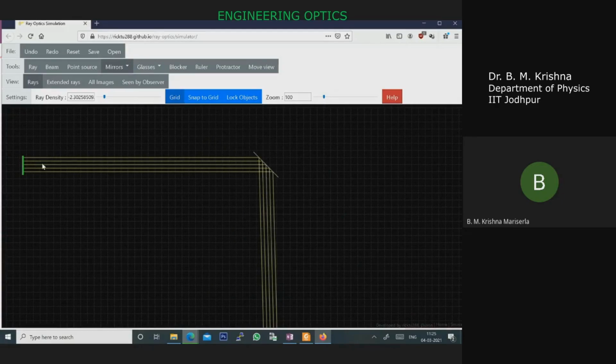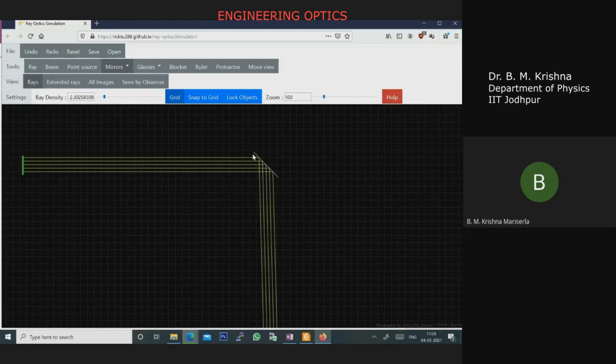You will see the rays propagating exactly perpendicular to the incident rays. So with the precise angle, you can precisely control which direction the light rays travel using this mirror.